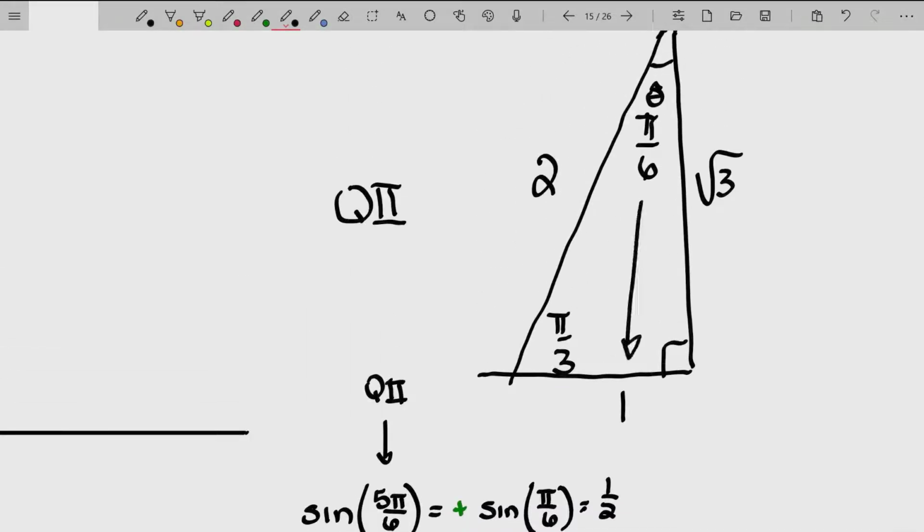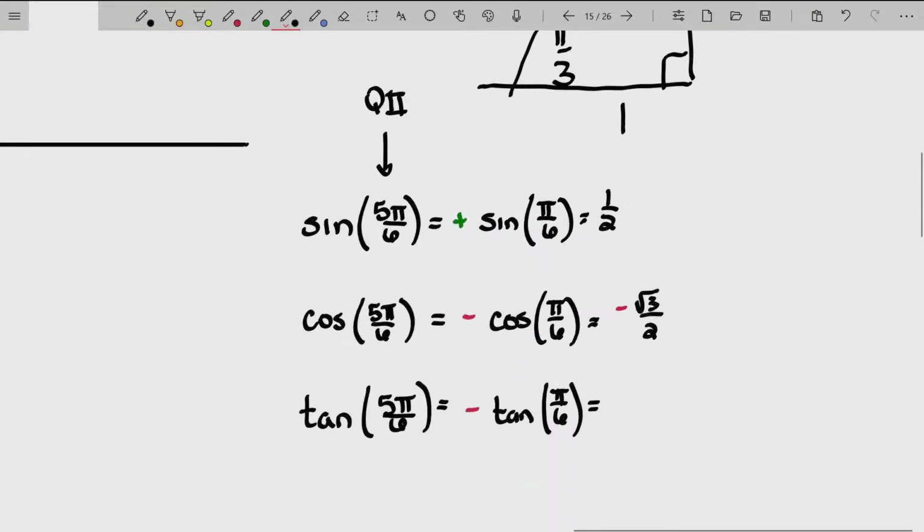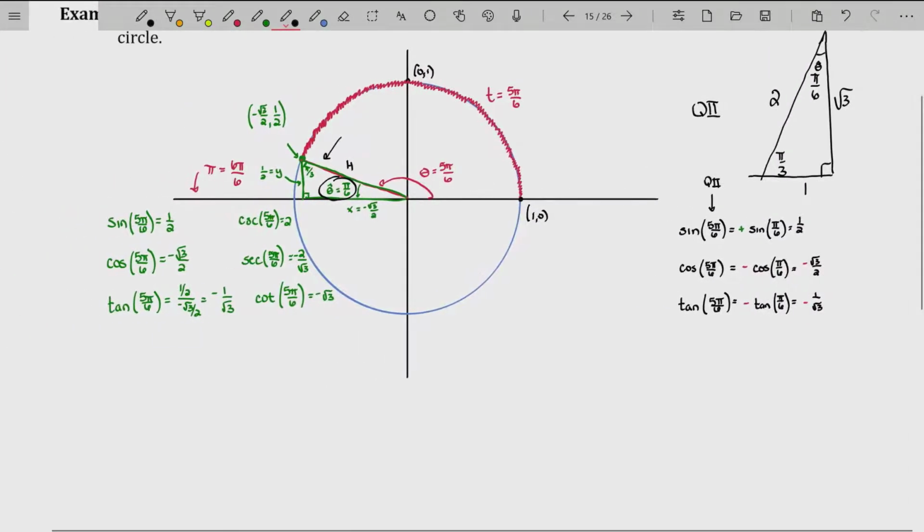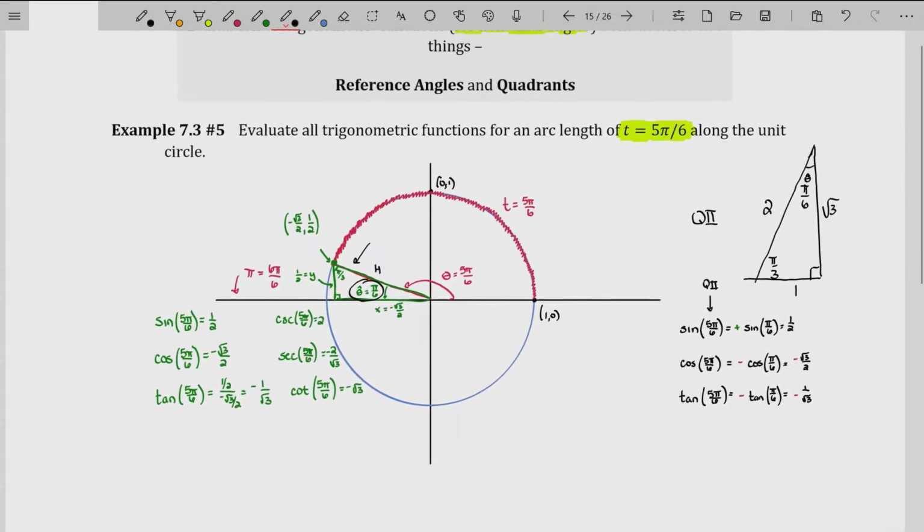Tangent is opposite over adjacent, 1 over root 3, but again, in quadrant 2, it's negative, so negative 1 over root 3. Now, if you look at our actual trig ratios, you'll see they're the same numbers. So it's a really nice way to do it, and that's the way I'm going to do it from this point forward.